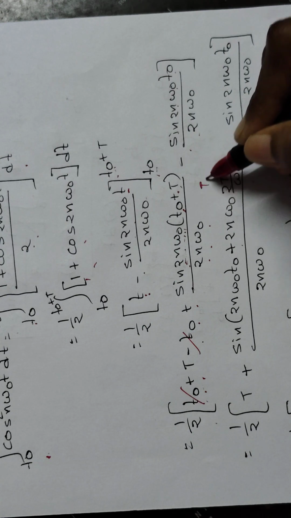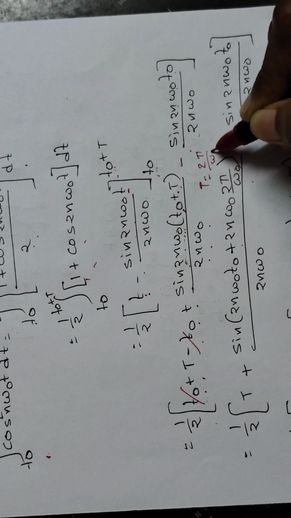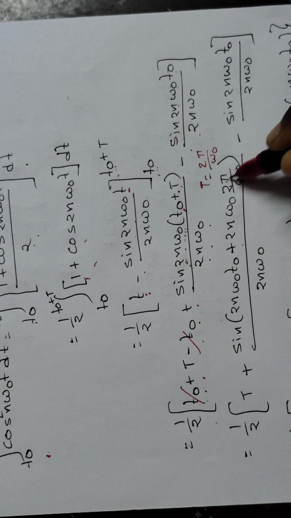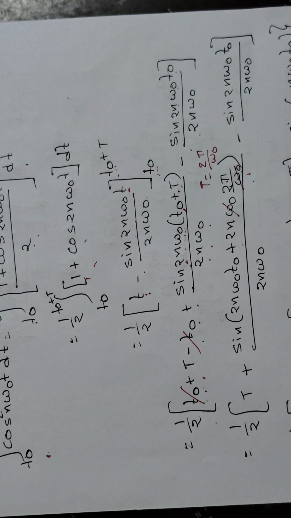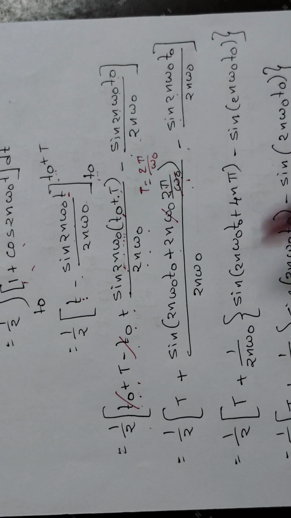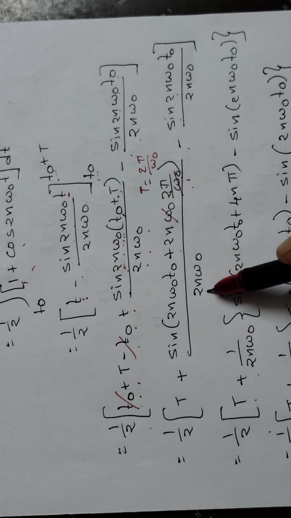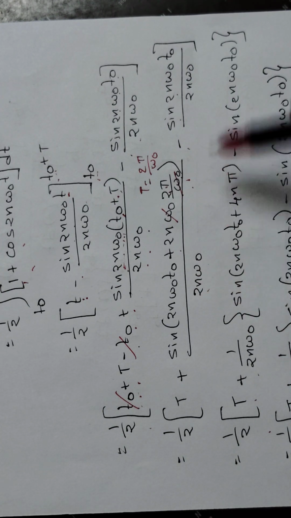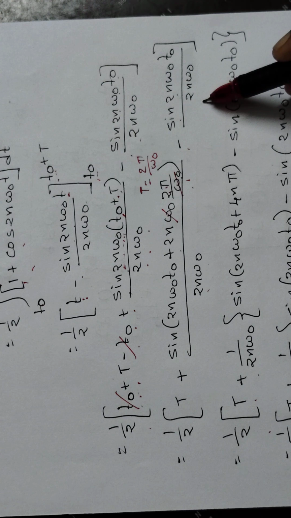Now what is the T value? 2 pi by omega naught. So I am substituting here 2 pi by omega naught, getting cancelled. Minus sine 2n omega naught t divided by 2n omega naught. Now 1 by 2 t plus, so this 1 by 2n omega naught, here also 1 by 2n omega naught.